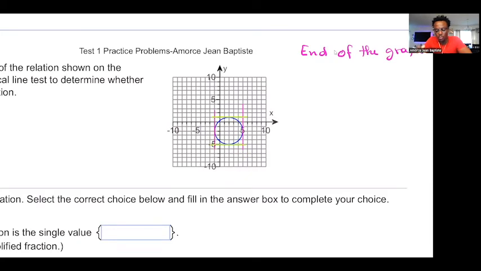You need to make sure you look at how the graph ends.